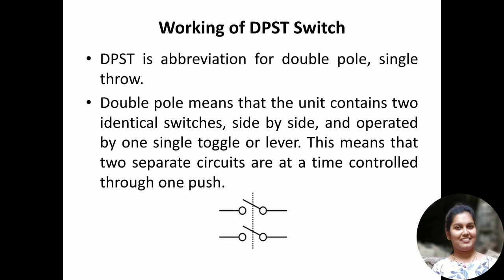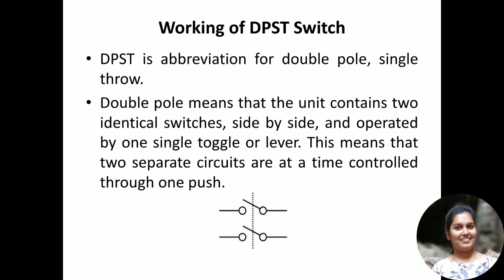Okay, next we'll see what the double pole single throw switch is all about. Double pole single throw is abbreviated as DPST. Double pole means the unit contains two identical switches side by side and operated by a single toggle or lever.